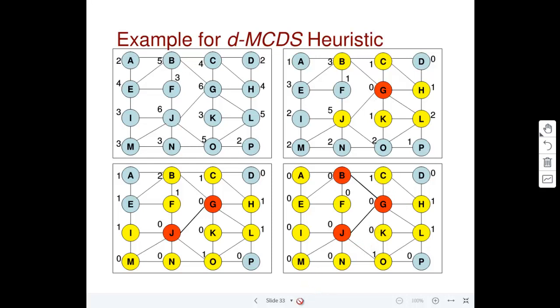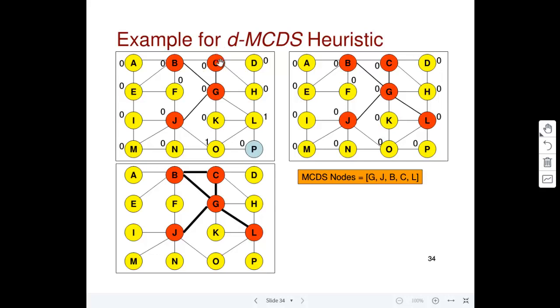So we pick C to be part of the connected dominating set, and that will cover D. So now we have L and O to be considered because they have 1 uncovered neighbor.